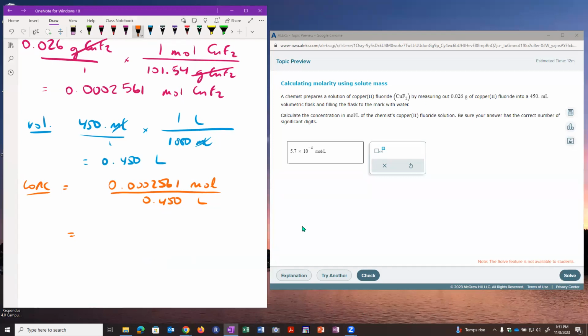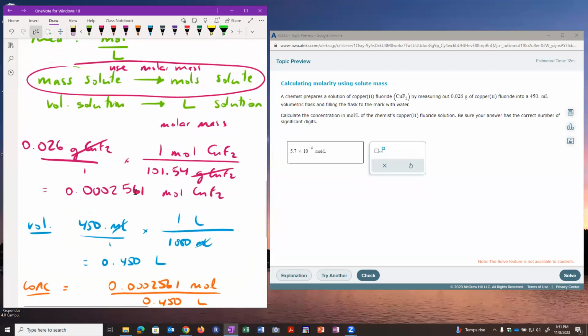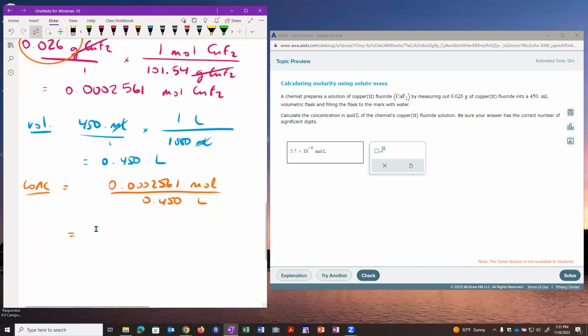Let's see, because we have 2 sig figs in our original number with the lowest number of sig figs. All we're doing is multiplying and dividing. So 5.7 times 10 to the negative 4 moles per liter.